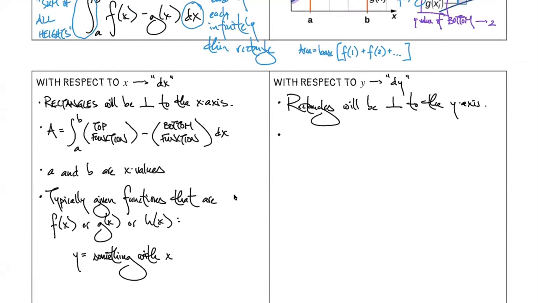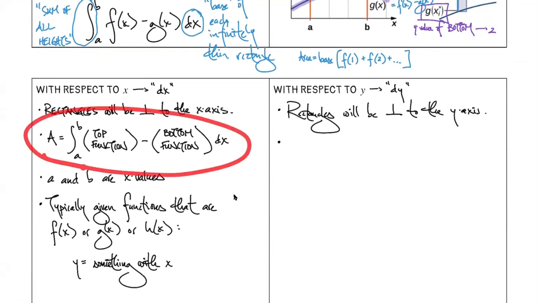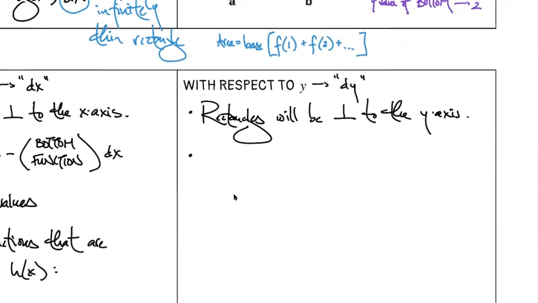Now, it turns out that when we're modifying this second one, area equals the integral from a to b of the top function minus the bottom function, we're going to say area equals, and we're going to use some different letters here.